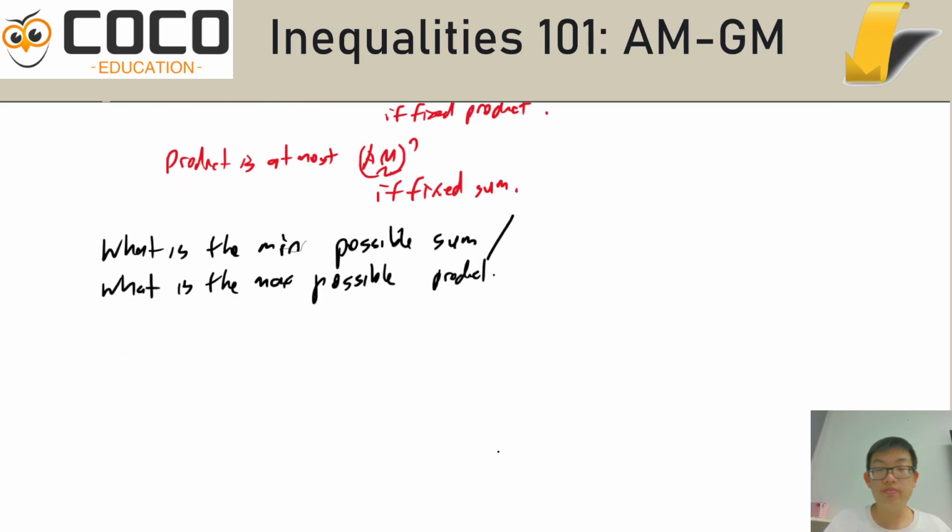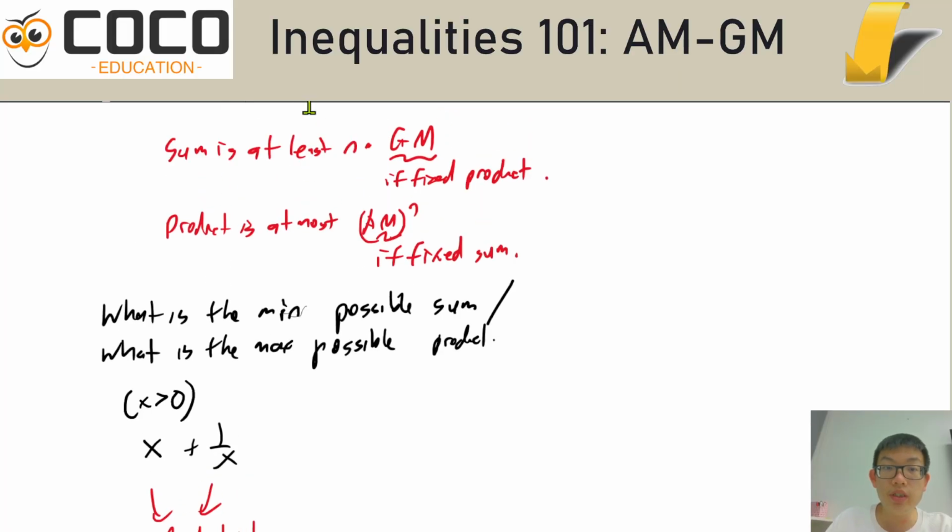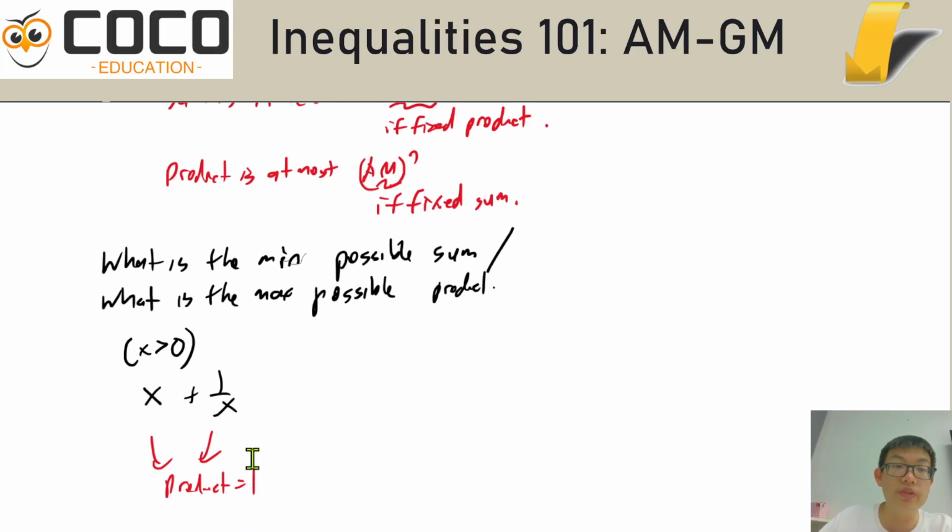For example, the most straightforward sum situation is if I gave you x plus 1 over x, where x is greater than 0. Now this has a product of 1, so it has a sum that is at least 2 times the geometric mean, which is also 1.